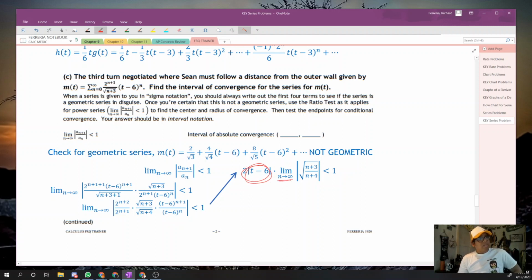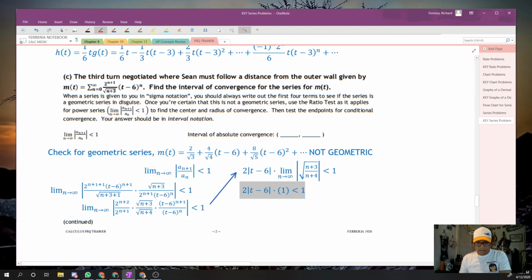And then the only thing left with a limit is the square root of n plus 3 over n plus 4. So the limit of the square root is the same thing as the square root of the limit. So all you really need to do is figure out the limit of n plus 3 over n plus 4, and that, of course, is 1. So you get 2 times the absolute value of t minus 6, multiplied by 1, is less than 1.